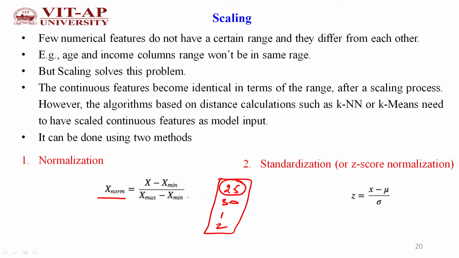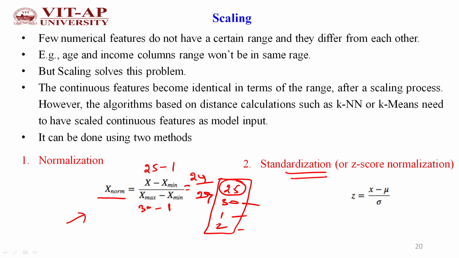So 25 minus the minimum of this feature, which is 1, divided by the maximum, 30, minus the minimum, 1. You will get 24 divided by 29, and that will be your normalization value. This is applied to all the data points, then the data points' range will become the same scale.